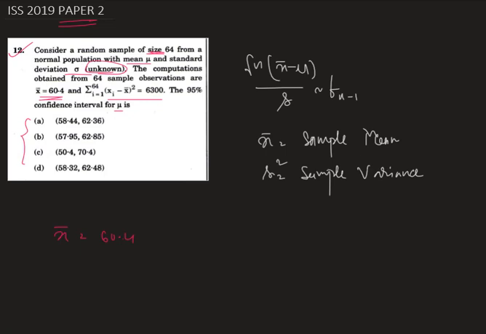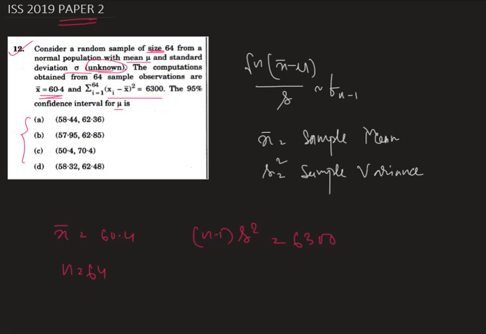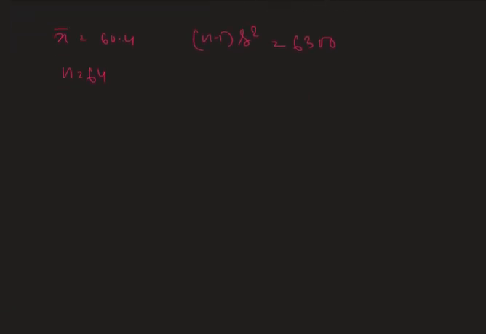And (n minus 1) s square is equal to 6300, and the value of n is 64. Therefore we can say that s square is equal to 6300 divided by 63, which is equal to 100.